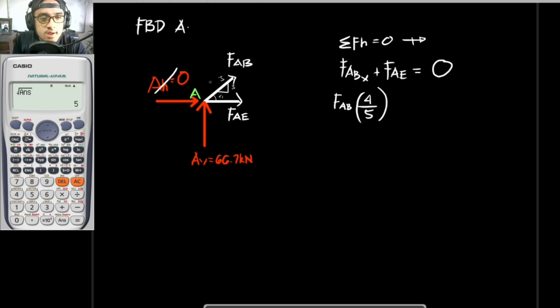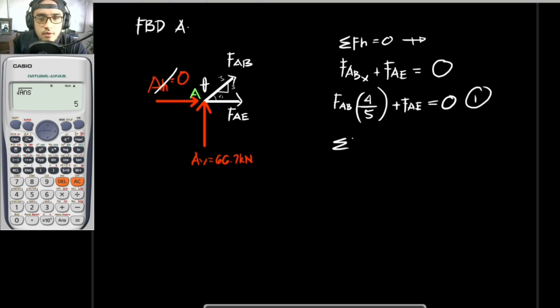Or if you have your angle, that is FAB cosine theta. Whatever method you choose, your answer should be the same. But since I am given the slope, I would use this formula instead. So plus FAE is equal to 0. Let's say that that is equation number 1.